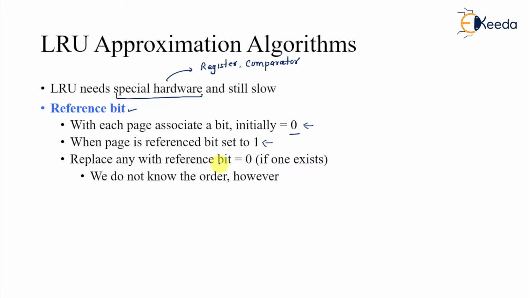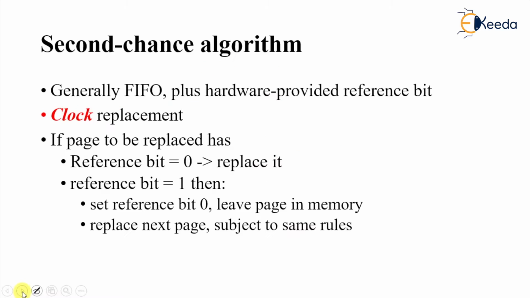Replace any page with reference bit equal to 0 if one exists. But the problem is that if I replace any page with reference bit 0, we simply don't know the order, and that is not exactly what LRU does.